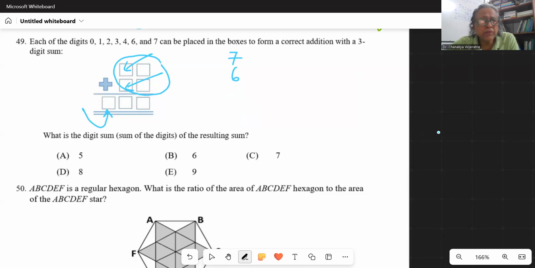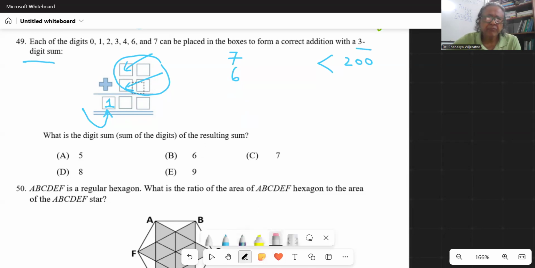So definitely less than 200, right? So that means this has to be 1. It can't be 2 or more, right? It has to be 1, and it can't be 0 because it is a 3-digit sum, a 3-digit number, right?